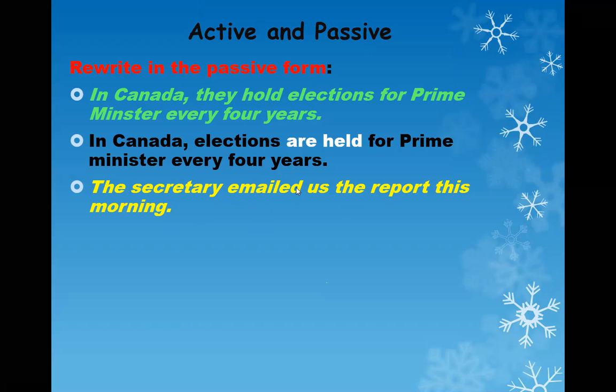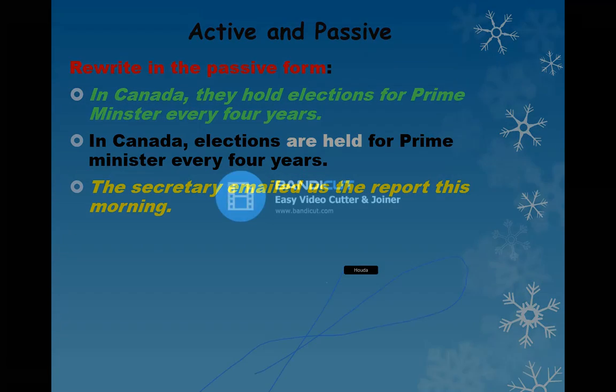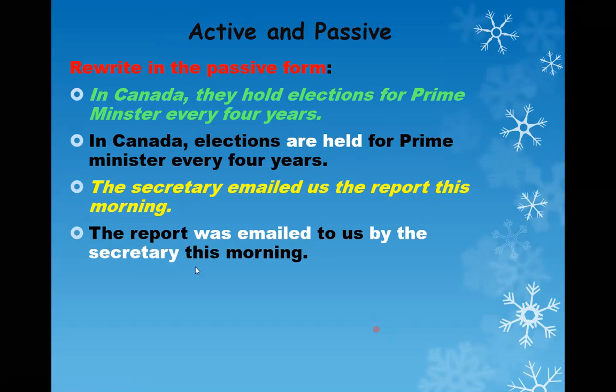Emailed is in the past. So you will get the verb to be in the past. What is the verb to be in the past? Was or were. Okay? We will take "were". Emailed to us by the secretary this morning.